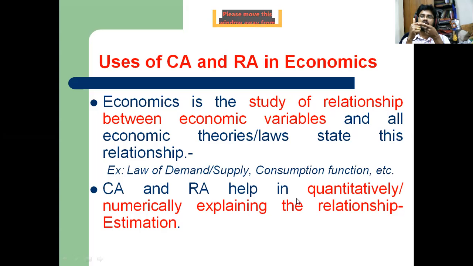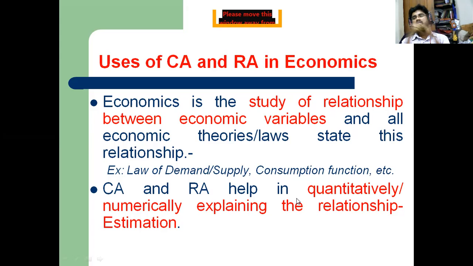We conclude that there is a perfect negative relationship between demand and price. If the price increases by 1 rupee, the demand is going to decrease by 1 unit, right?